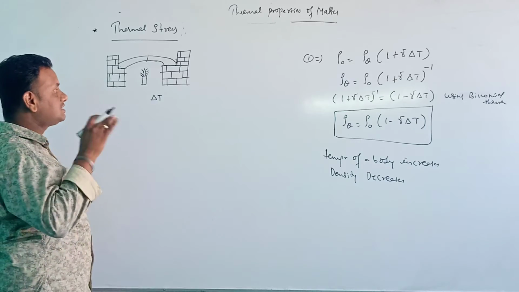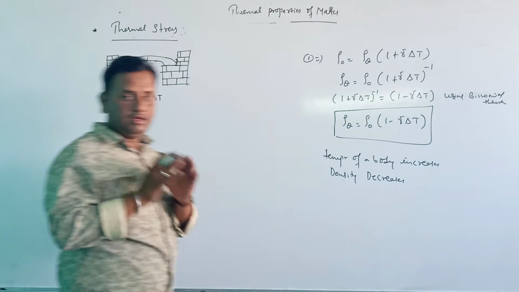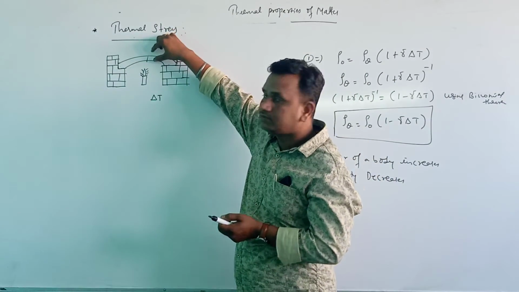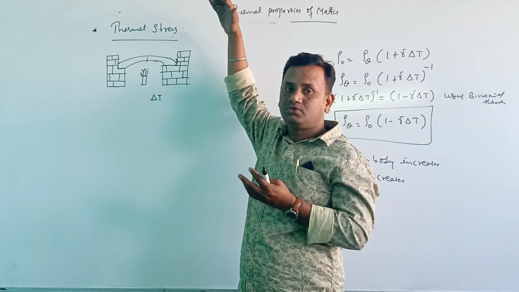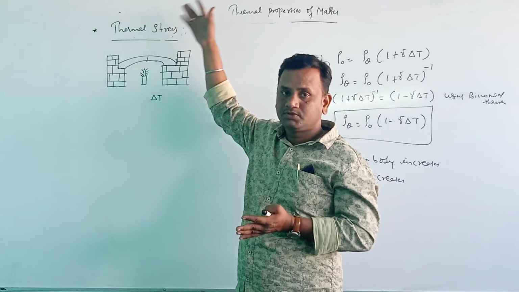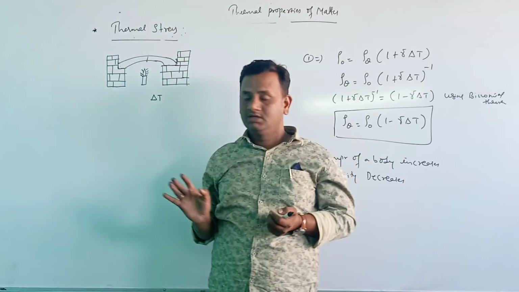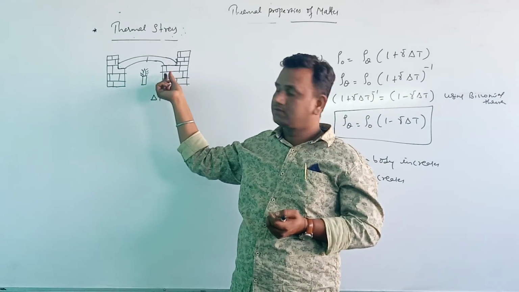Okay, so that stress is called thermal stress. If that metallic rod is not allowed to bend, then the stress in the metallic rod increases. Due to that stress, this metallic rod will break down. So that stress only is called thermal stress here. Because continuously we are raising the temperature, we are heating this metallic rod.